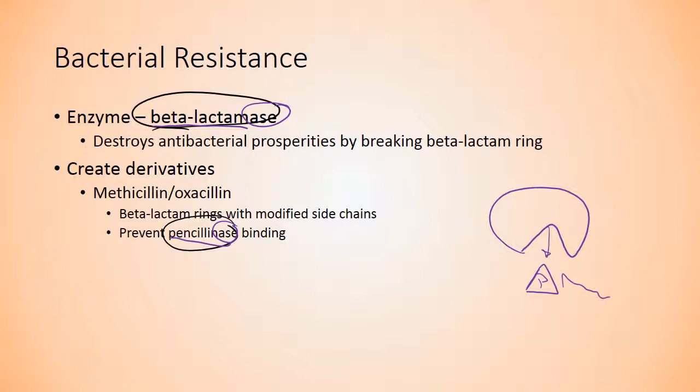But what we are doing is adding a side chain to it. Now, by adding this different side chain, this enzyme no longer can react with that penicillin, or now it's called methicillin or oxacillin, and therefore our drug is still effective until new bacteria become resistant to it.